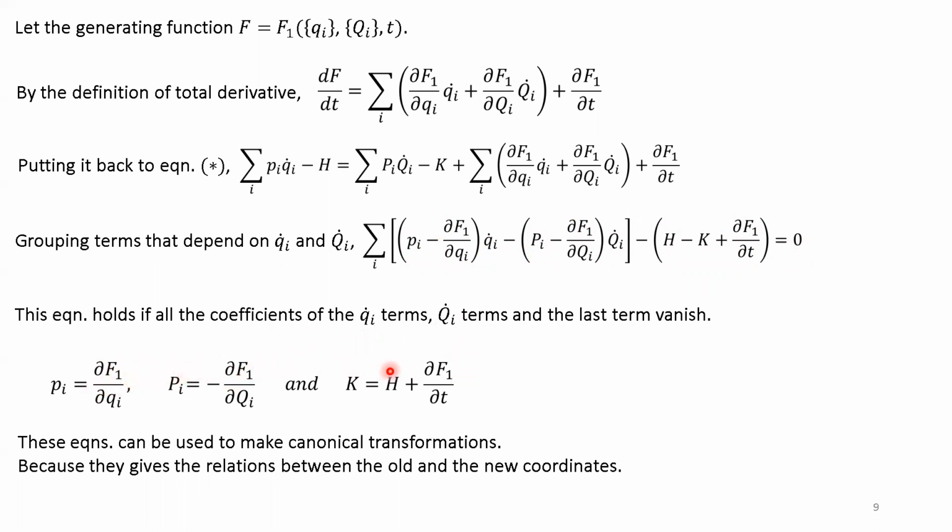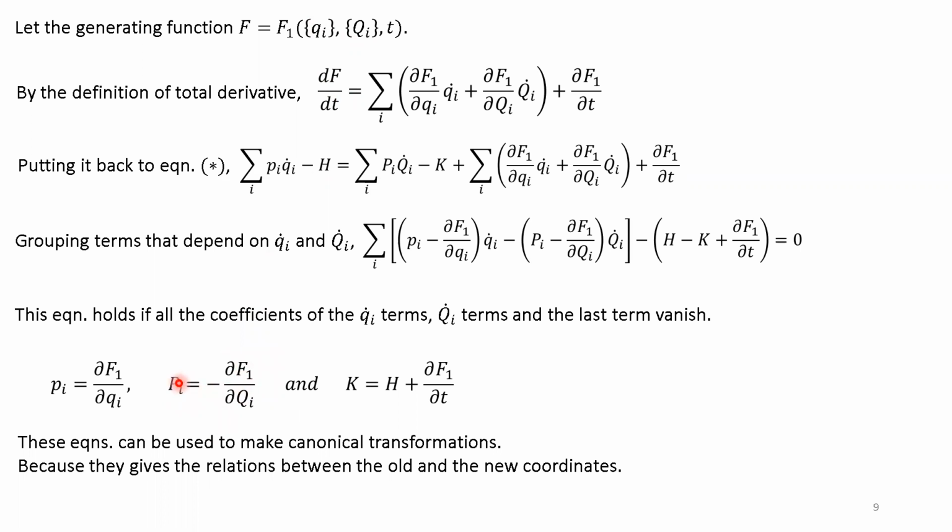You can see that these give you relations between the old and the new coordinates. Because this f depends on small q and capital Q, this partial f partial capital Q will be some terms that depend on small q and capital Q, and then I have this capital P here.